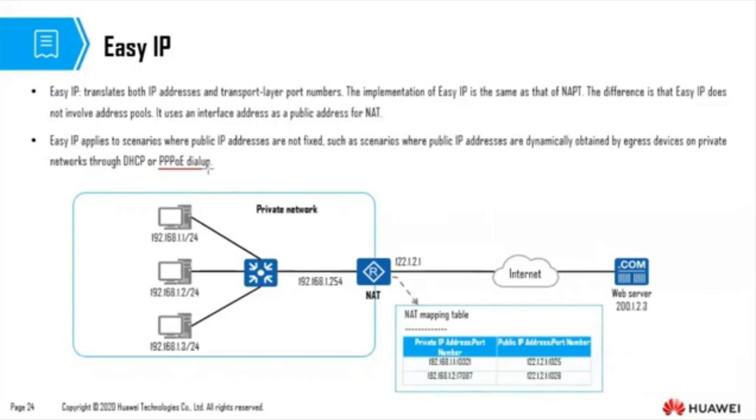Are you getting the point? Then everyone accessing the internet using that router is going to be mapped to the same public IP address. But the only difference is going to be the port numbers.